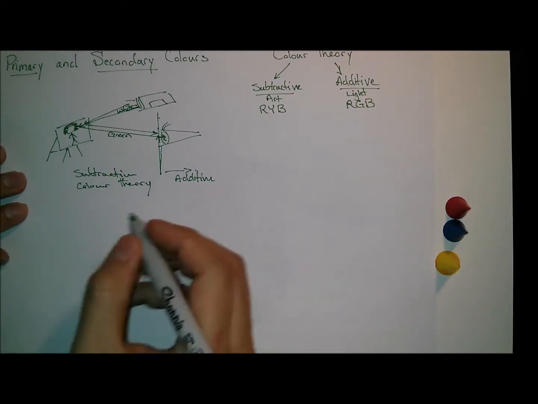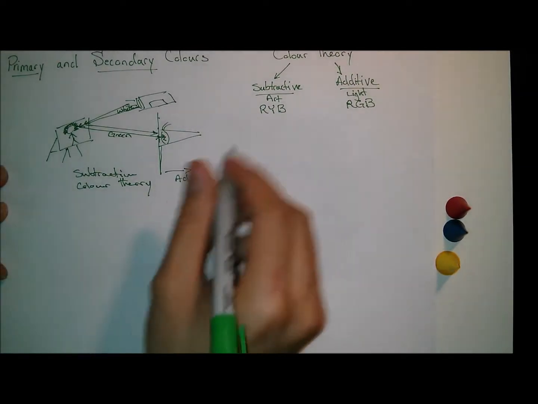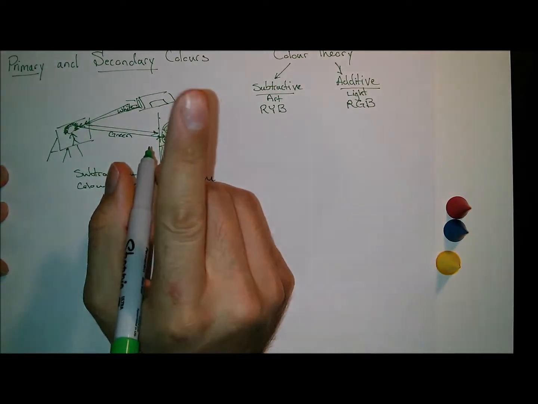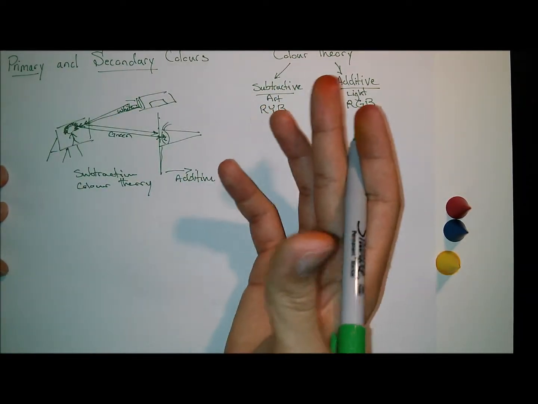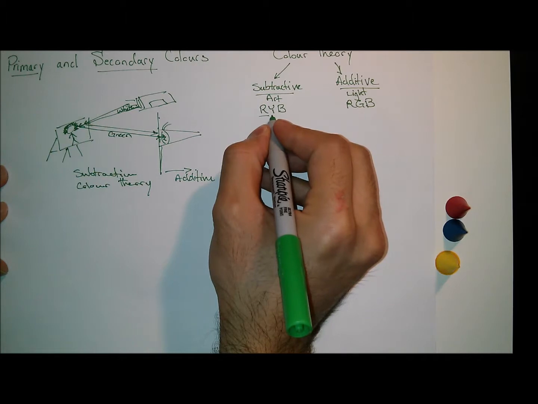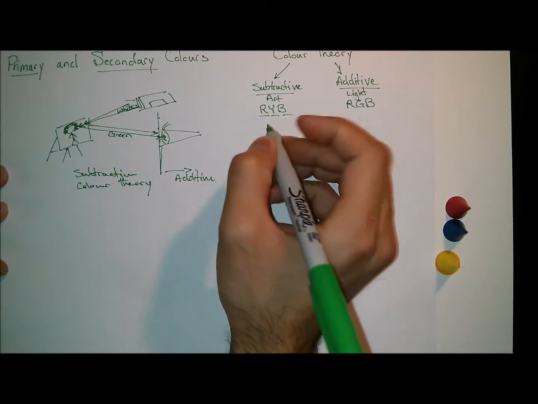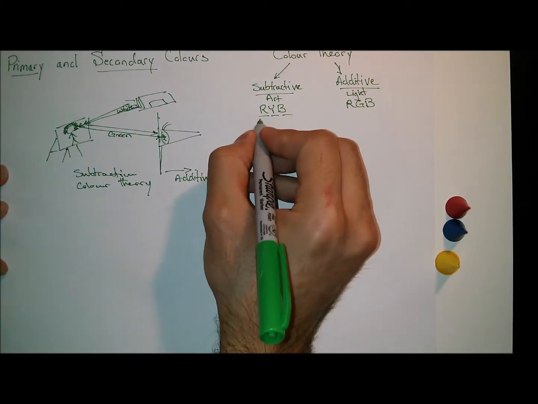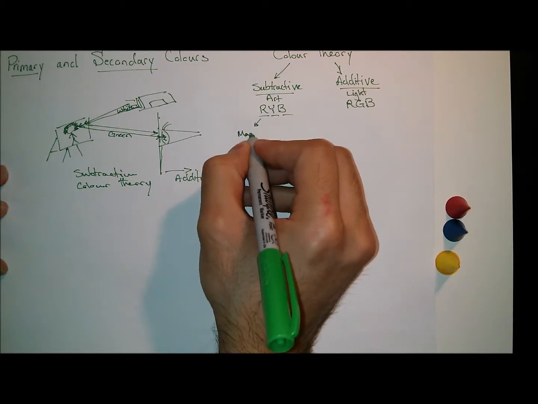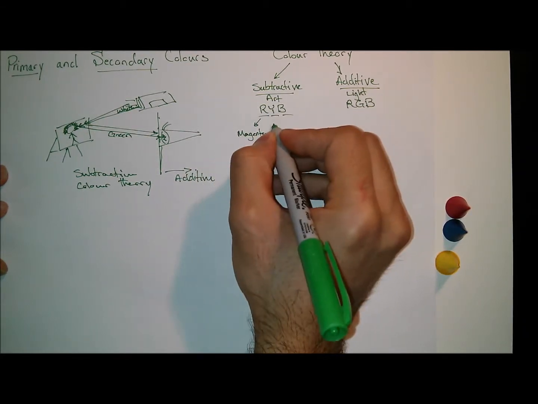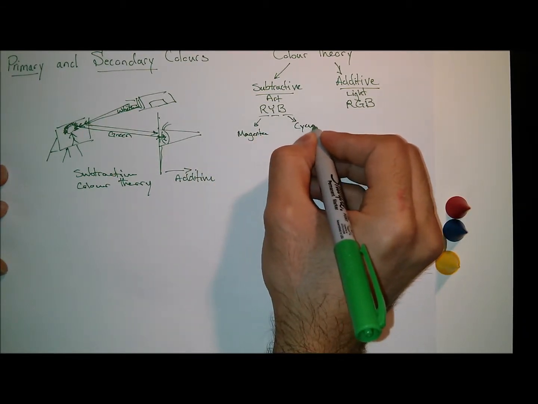Now, in subtractive, we have three primary colors, which you can't make. So, red, yellow, blue. If you want to be technical about it, it can also be magenta, yellow, and cyan.